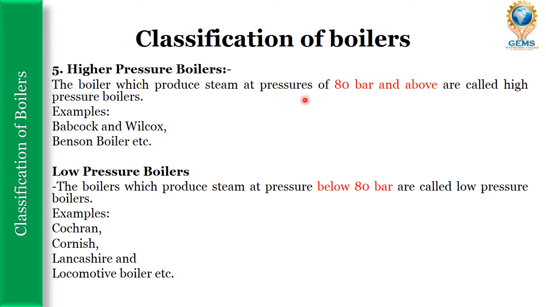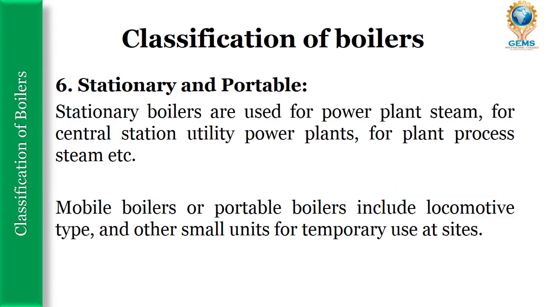The boilers which produce steam at pressure of 80 bar and above are called high pressure boilers. Example: Babcock and Wilcox and Benson boiler. Low pressure boilers: the boilers which produce steam at pressure below 80 bar are called low pressure boilers. Example: Cochran boiler, Cornish boiler, Lancashire boiler, and Locomotive boiler.